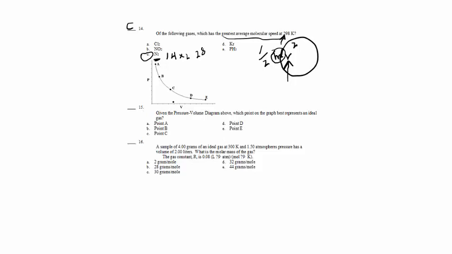Number 15, which represents an ideal gas the most? Well, that would be under ideal gases like to be under high temperatures, and ideal gases like low pressures.